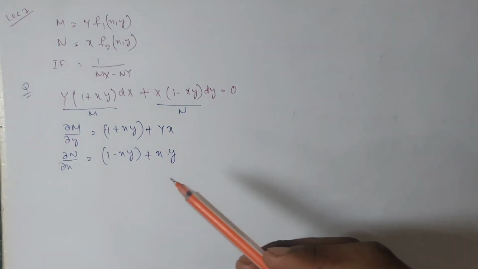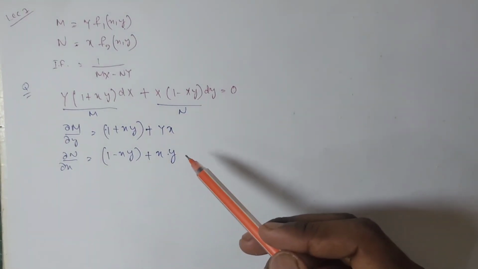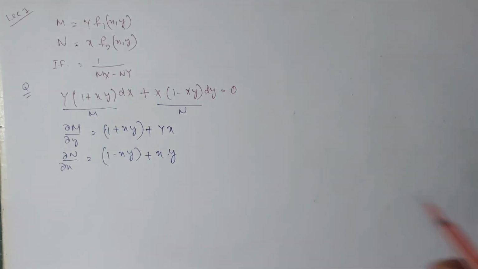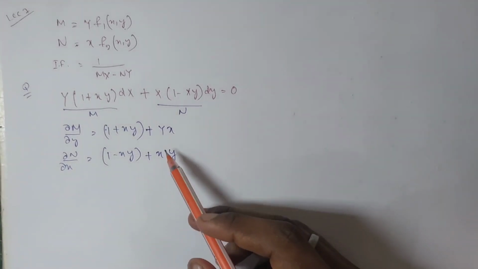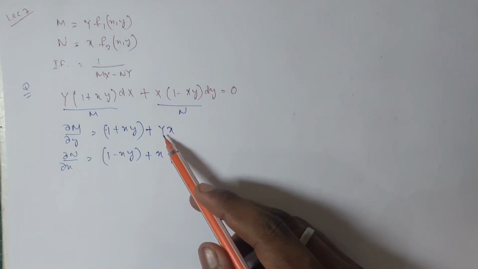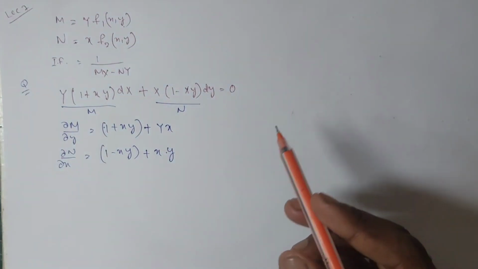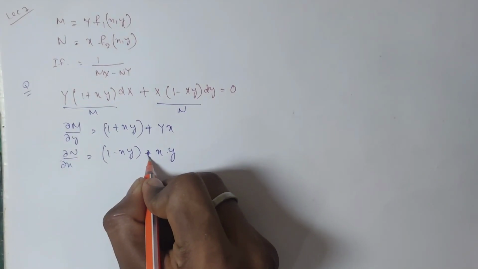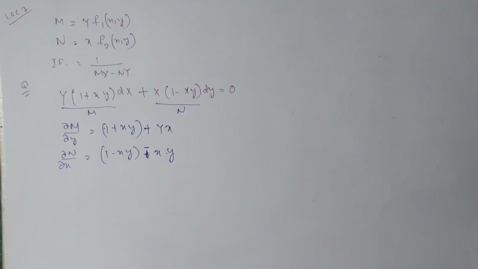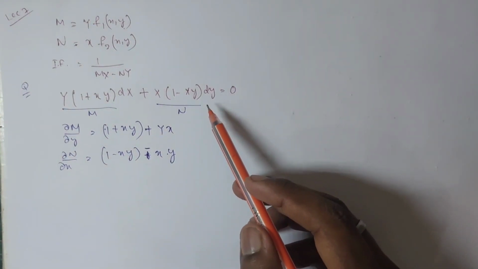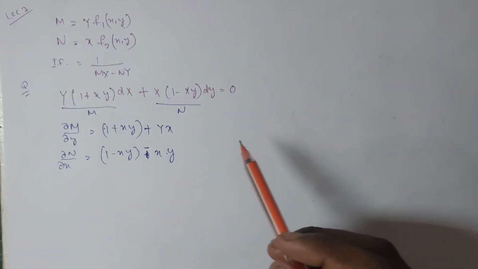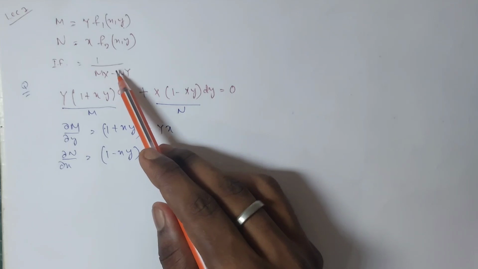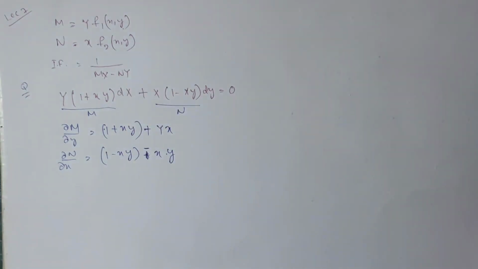You can see that del M by del y and del N by del x are not equal to each other, so it is not an exact differential equation, but we can convert it into an exact differential form by this method.